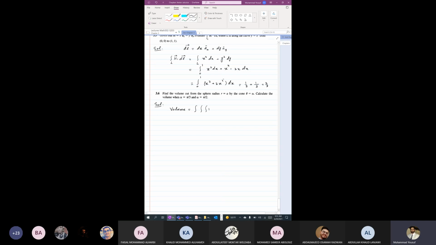The volume element in spherical coordinates is given in your formula sheet. That is r squared sine theta dr d theta d phi.